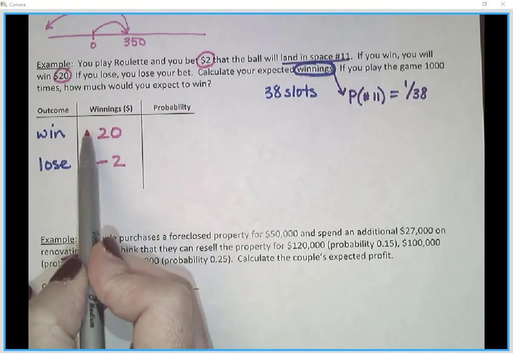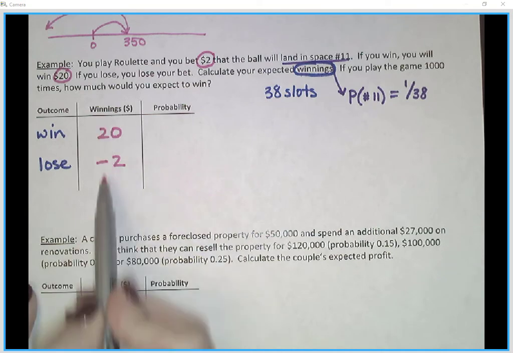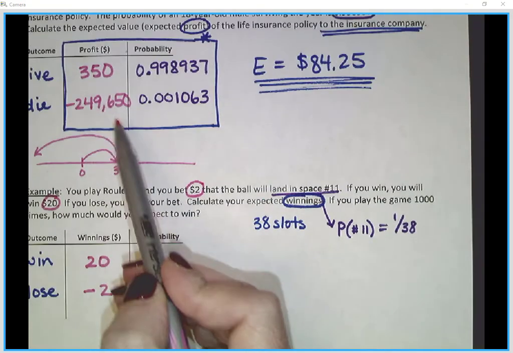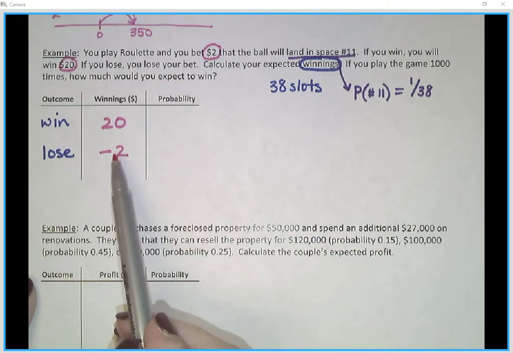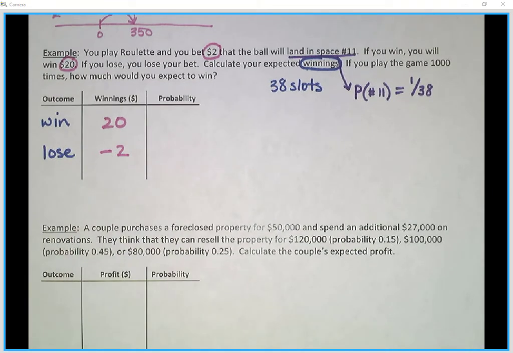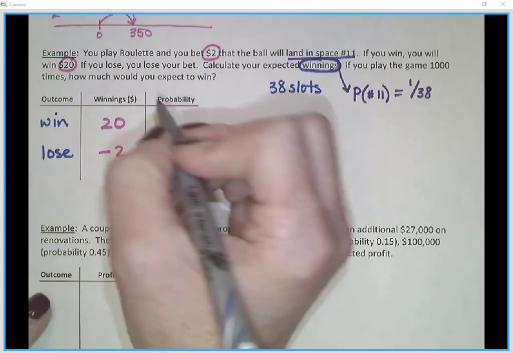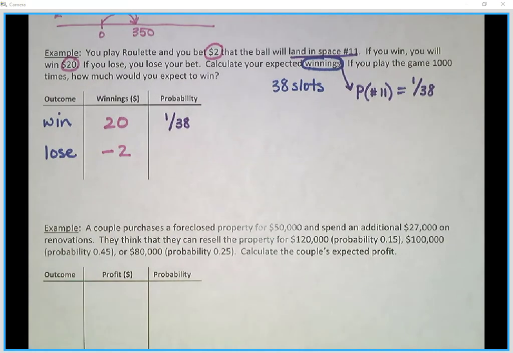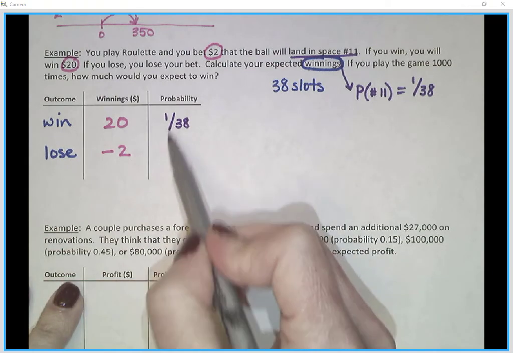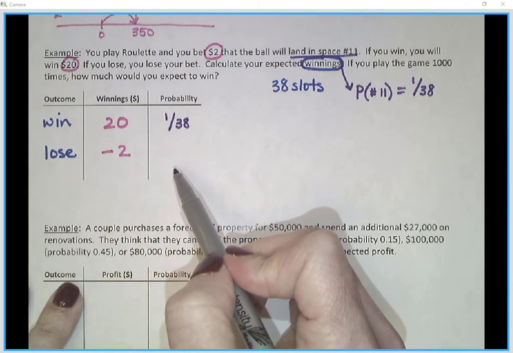You should always have a positive number and a negative number in this first column. See, we had a positive and a negative here. There's always like a good outcome and a bad outcome, all right? Now, as far as the probabilities go, the probability of winning is only 1 in 38. And we know that these probabilities have to add up to 1.